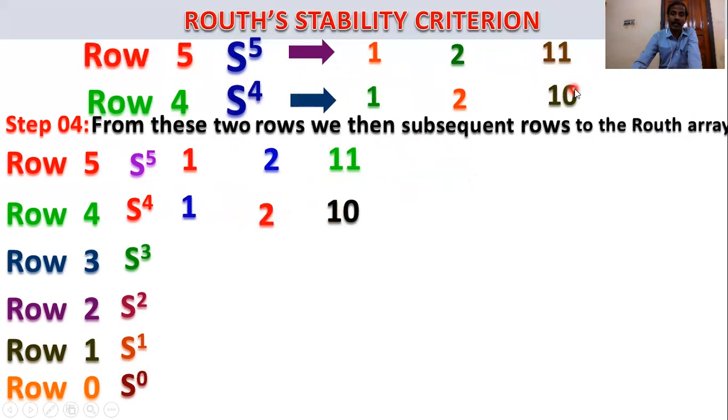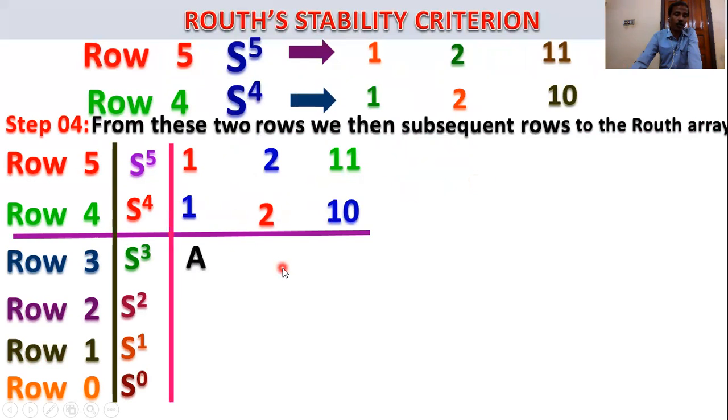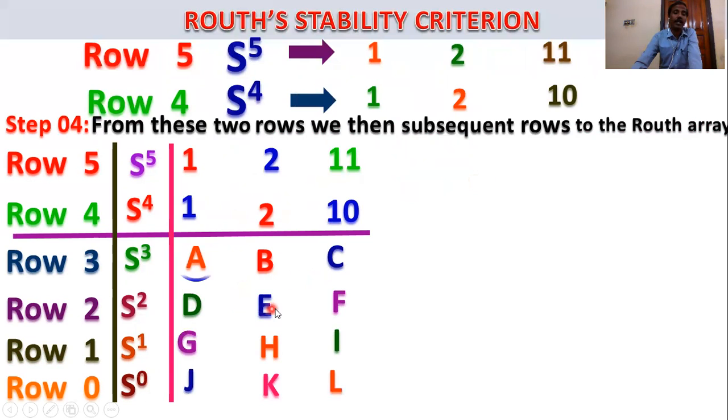Then calculate rows 3, 2, 1 and 0, that is s cubed, s squared, s to the power 1 and s to the power 0. The elements are A, B, C, D, E, F, G, H, I, J, K, L, so determine A through L.